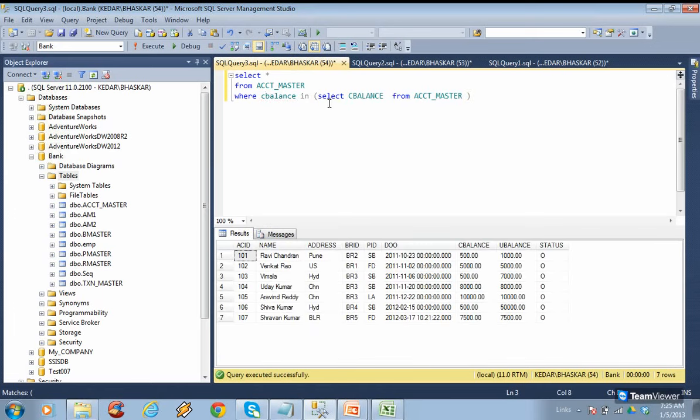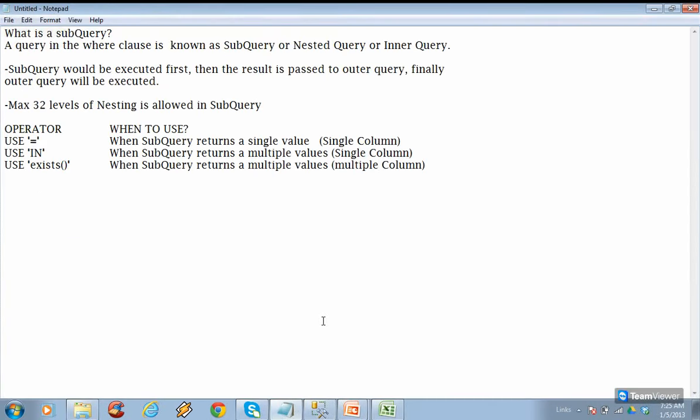Now the subquery will be executed first, then the result is given here, then the outer query would be executed later. So it's in these notes, okay? Any doubts, Manju? Okay. So you can copy this later.